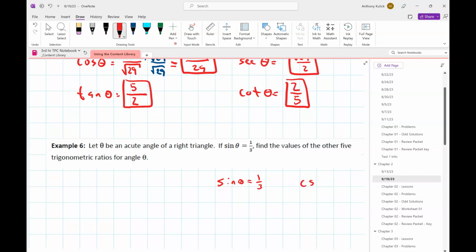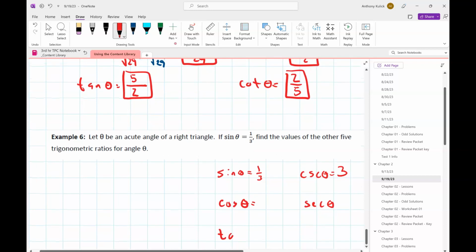Well, one of them's easy, right? Cosecant is the reciprocal, so 3 over 1. I'm just going to write 3. And we need cosine and secant, and then tangent and cotangent.